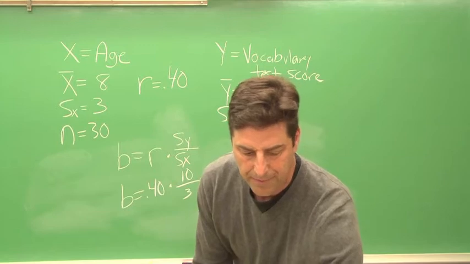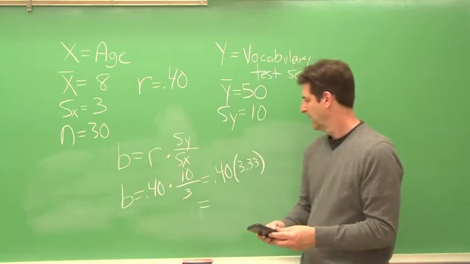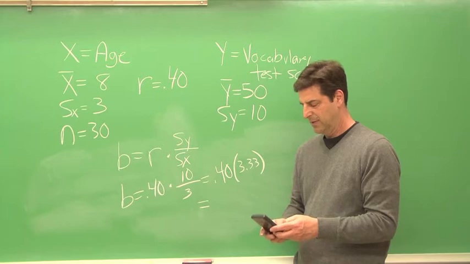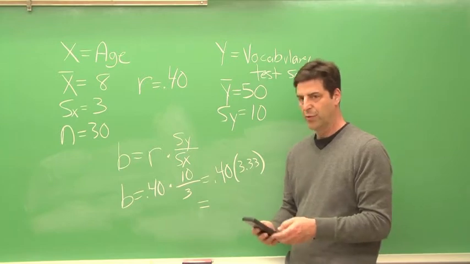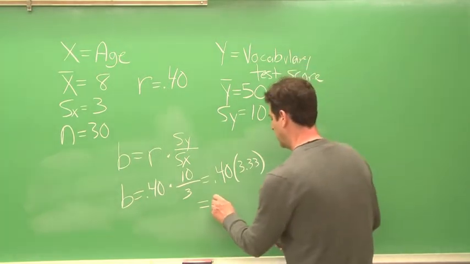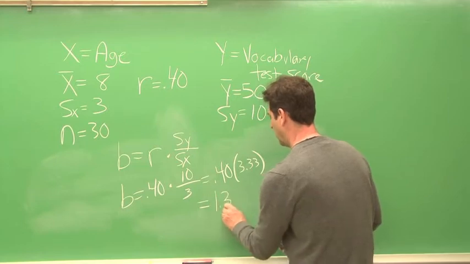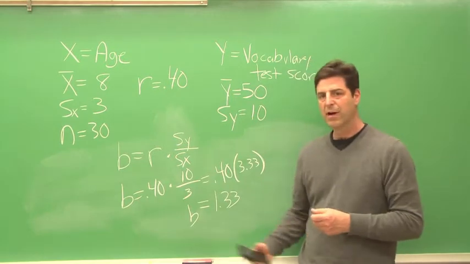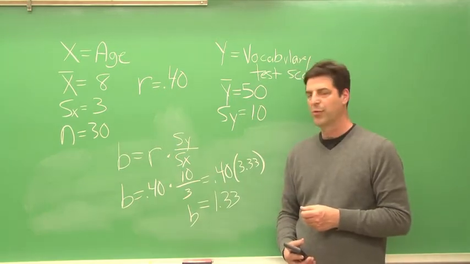Let's see, 0.4 times 3.33 equals 1.33. So that is what our regression coefficient equals, 1.33.